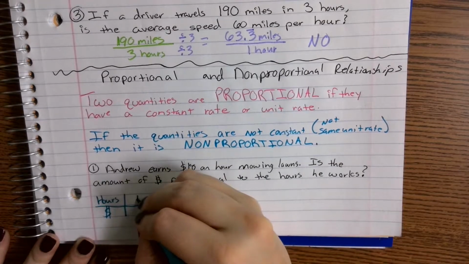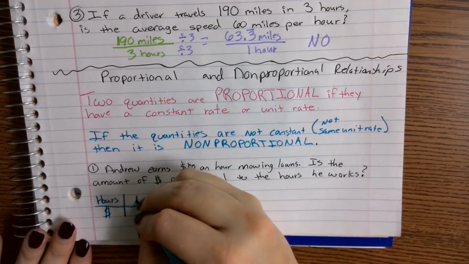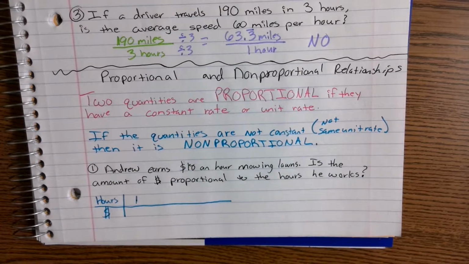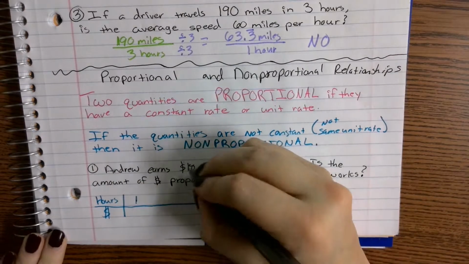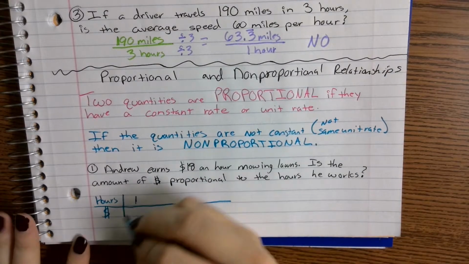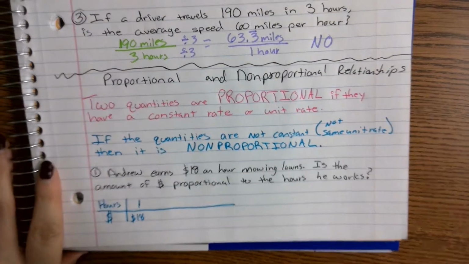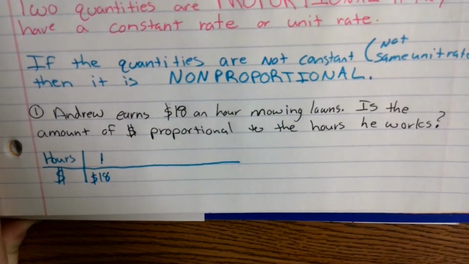If he works for 1 hour, how much money is he going to make? $18.